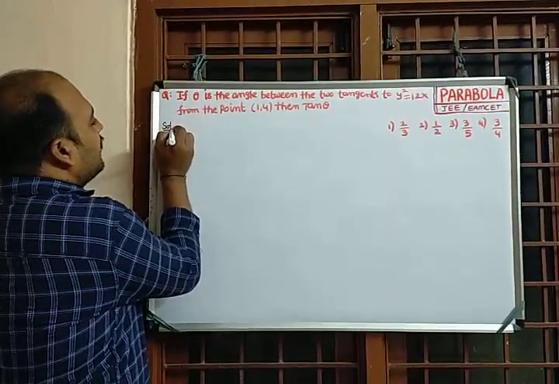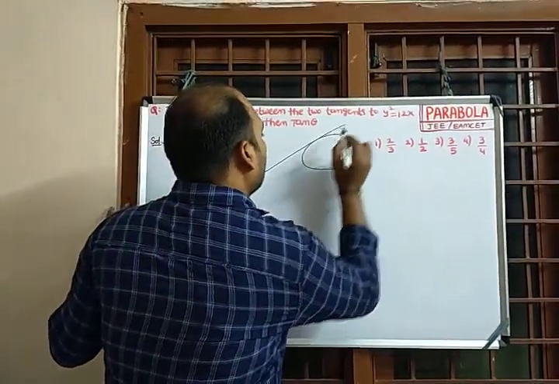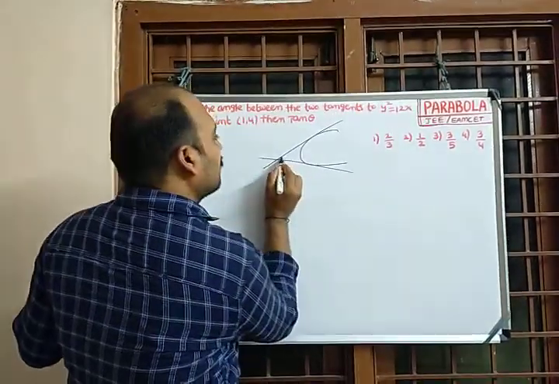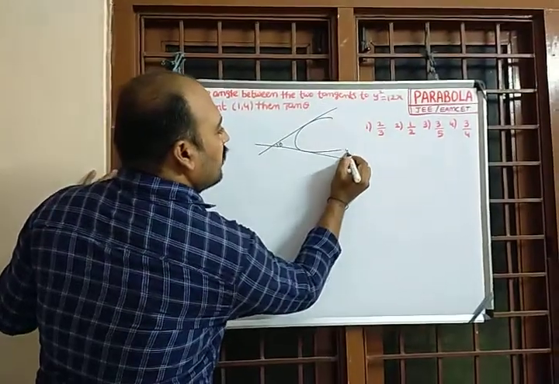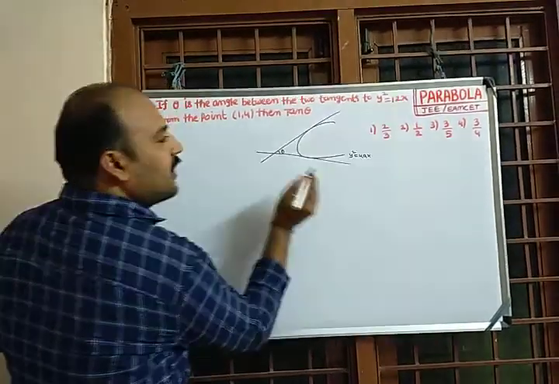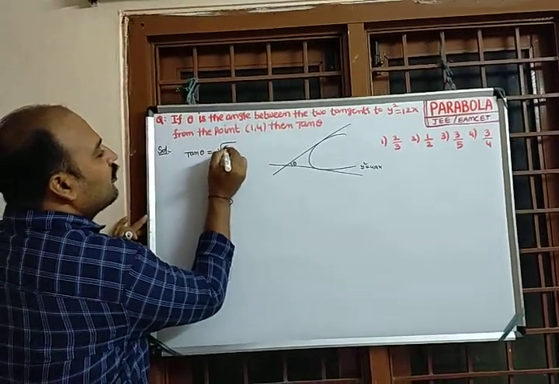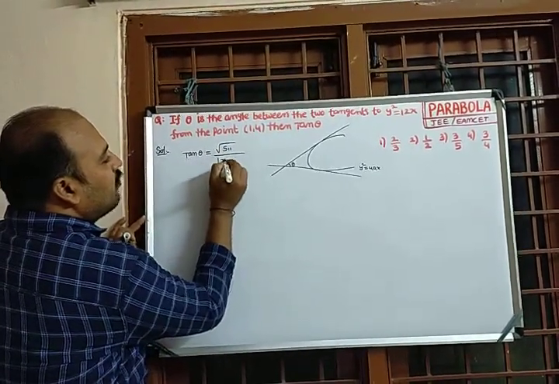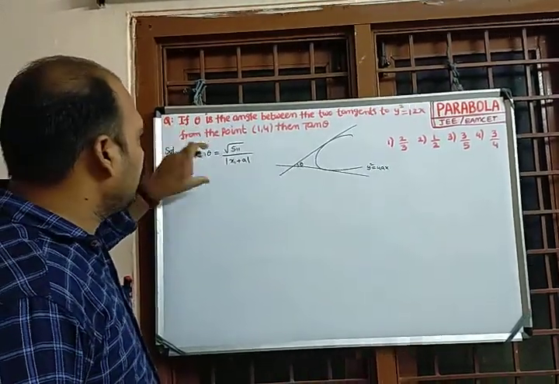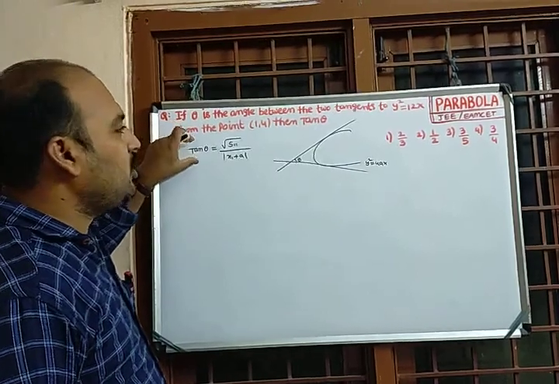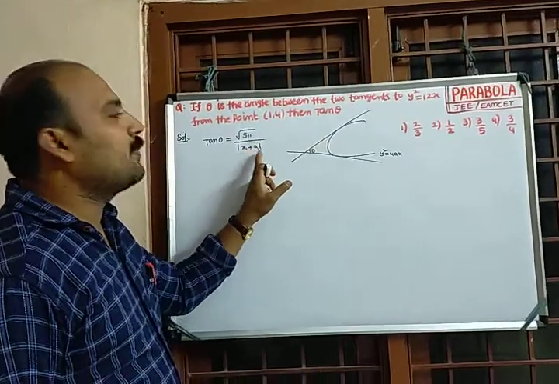One standard result: the angle between two tangents to the parabola y square equal to 4x is theta, then tan theta equal to root of S11 divided by mod x1 plus a. To calculate the tan theta value, we need to calculate root S11 at the point 1, 4 and x1 plus a.